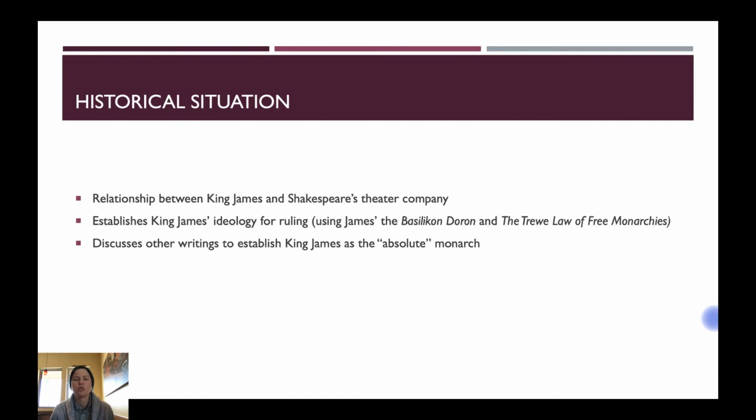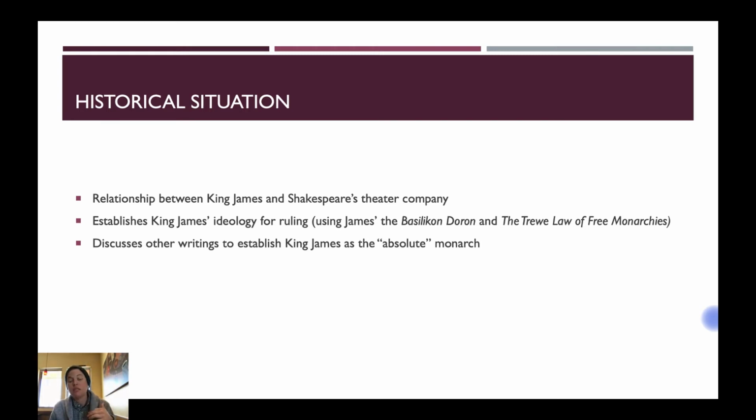So let's look at the historical situation. The relationship between King James and Shakespeare's theater company takes up the first couple of pages. Essentially, King James loves the theater. He loved the theater when he was King of Scotland. He actually had English players come over and act out English plays for him over there, which caused some controversy.